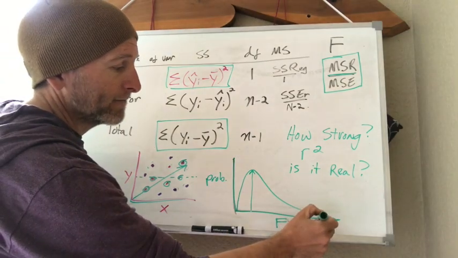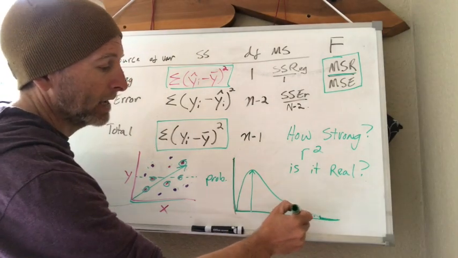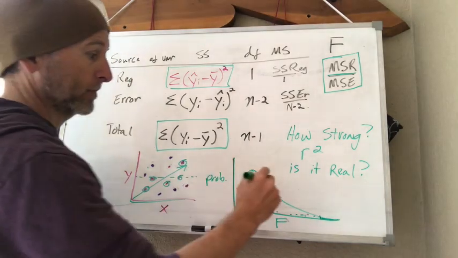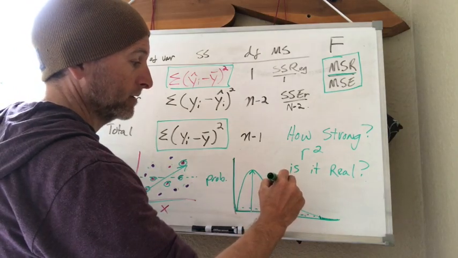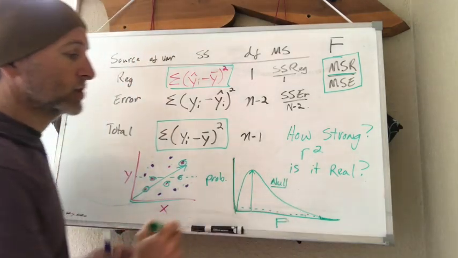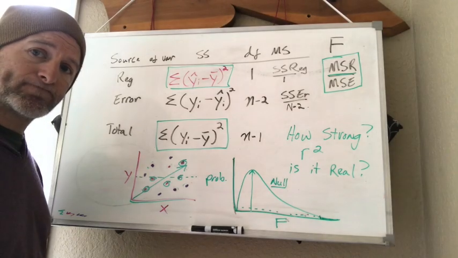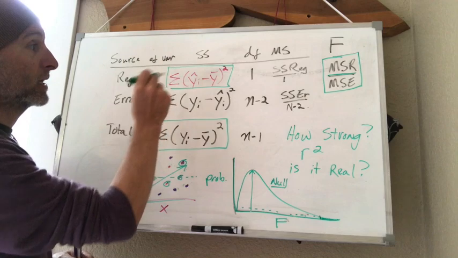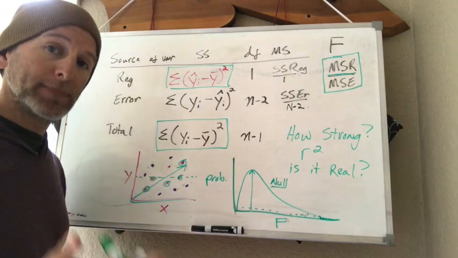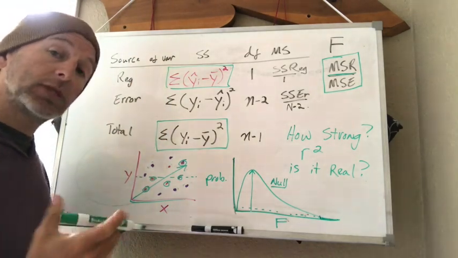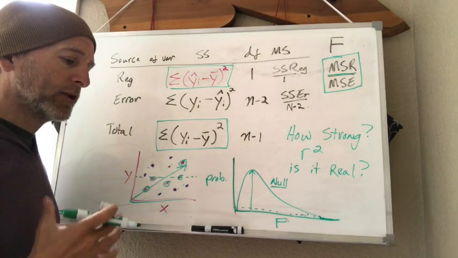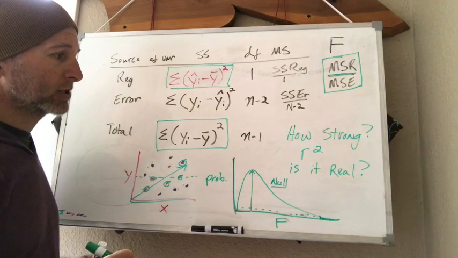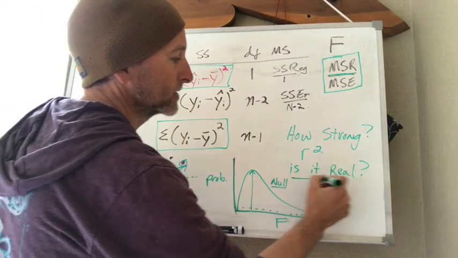And we end up with an F value that's very high, and that has a low probability under the null. So this F distribution is constructed under null expectations. The null being that the regression line actually looks a lot like the mean of the overall points. That's really the null we're testing. We're testing the null hypothesis that our regression equals the mean, essentially. That lets us say, is it real?